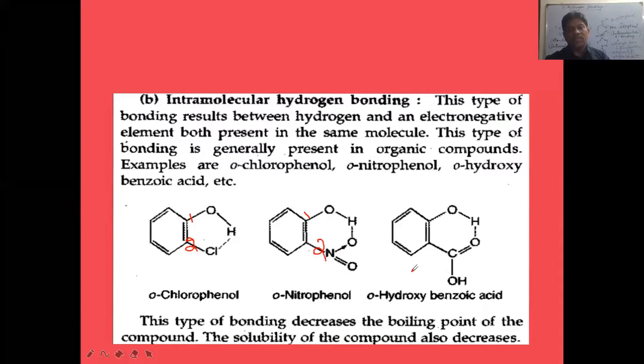Then in this case, see, this group is COOH. This is the acid group here. The COOH group is the acid group, and OH is the alcohol group. So OH is attached and COOH is attached. Now between these two groups, remember that COOH, the acid group, is stronger, more senior than the OH group.